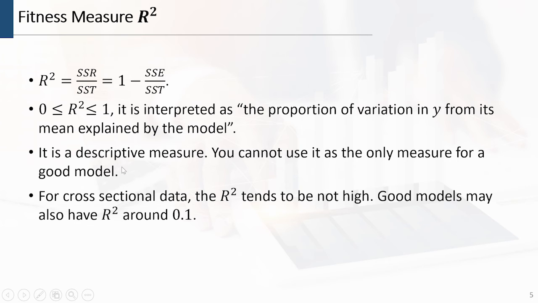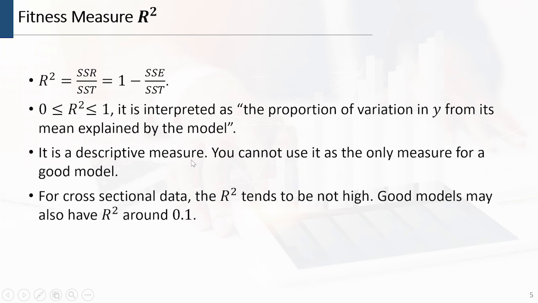Okay, and I want to highlight here, maybe in some introductory courses, you usually use R-square as a very important measure of the fitness of the model, and usually when you compare two models, you think that the model with bigger R-square is surely better than the other. But from this course's point of view, at a relatively more advanced level, we usually consider R-square just as a descriptive measure.